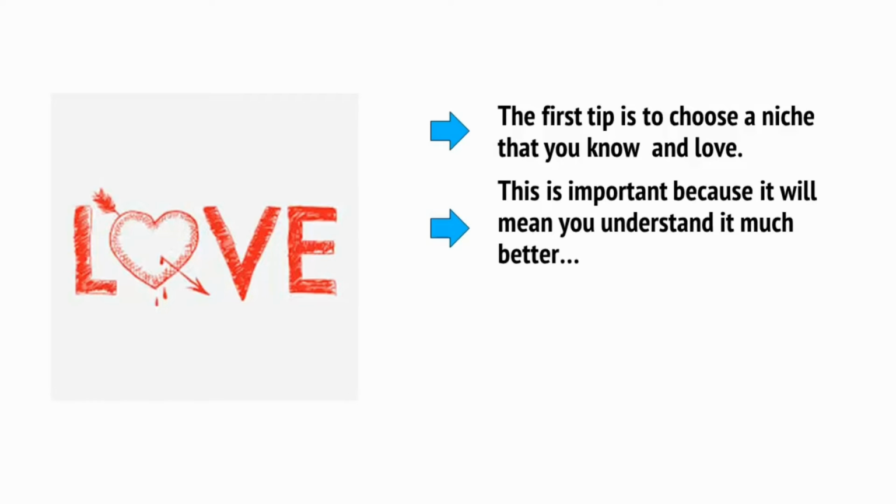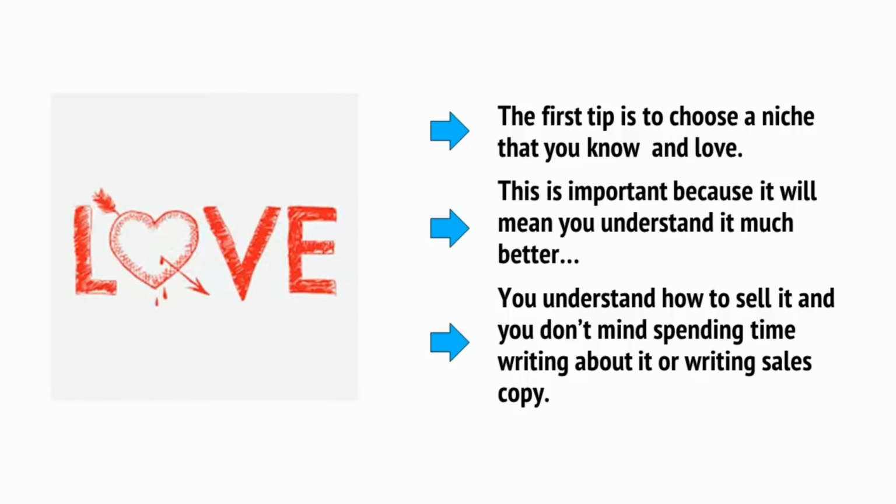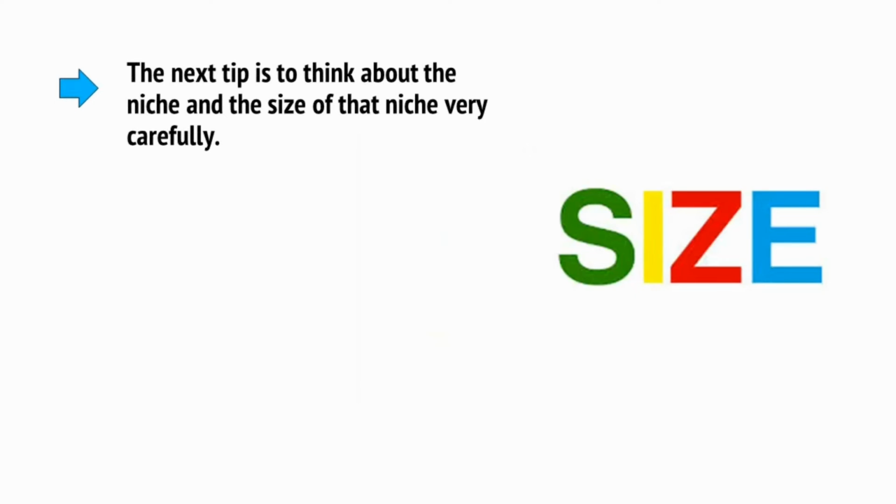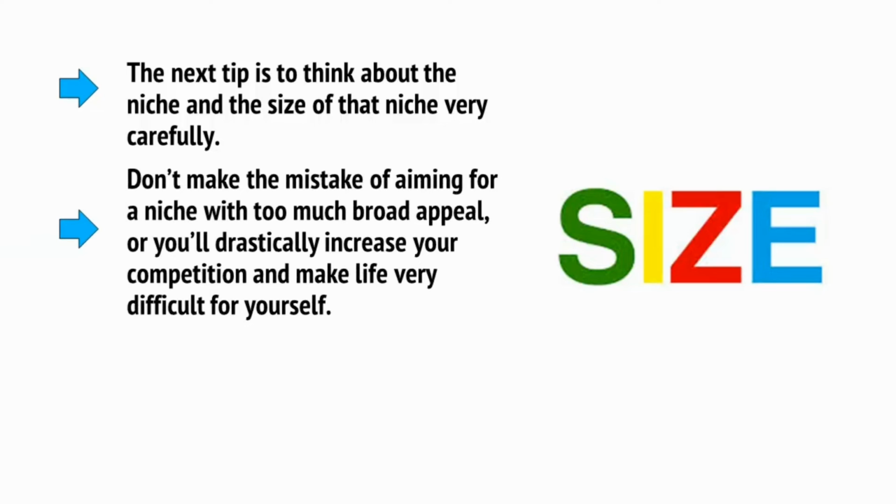This is important because it will mean you understand it much better, you understand how to sell it, and you don't mind spending time writing about it or writing sales copy. The next tip is to think about the niche and the size of that niche very carefully. Don't make the mistake of aiming for a niche with too much broad appeal, or you'll drastically increase the competition and make life very difficult for yourself.